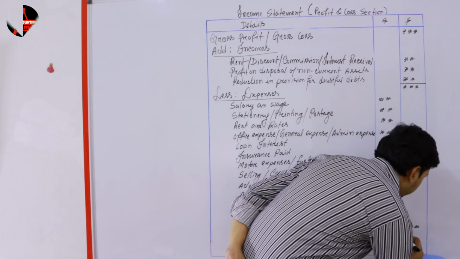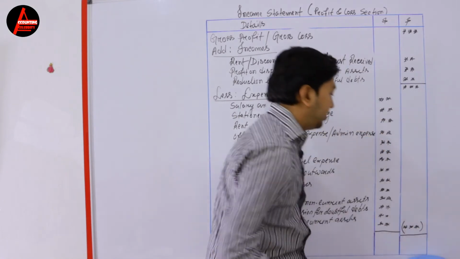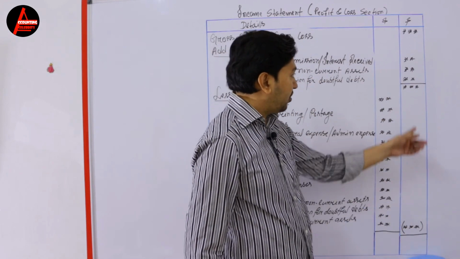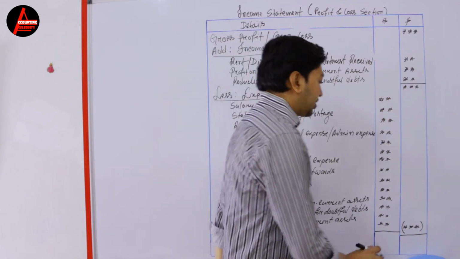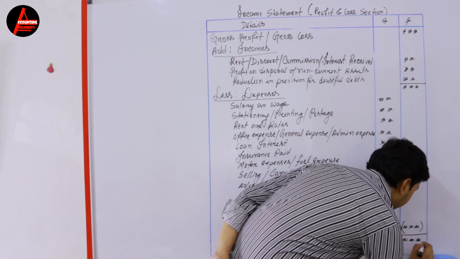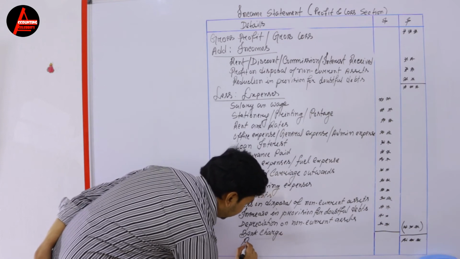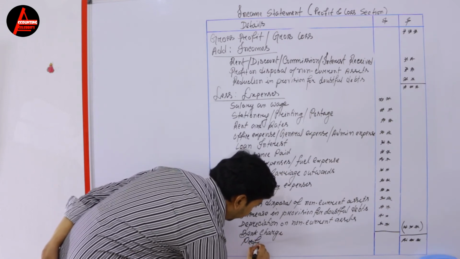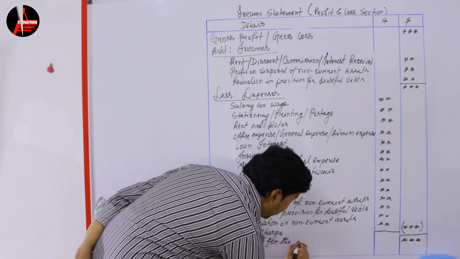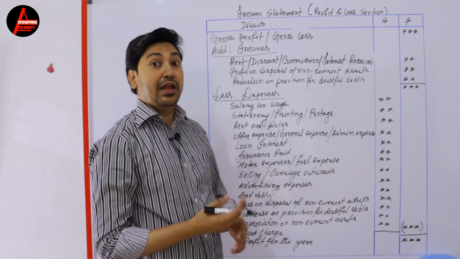Okay, now you will subtract it. To subtract you will put the bracket, meaning subtraction. So you subtract this value from this value. Whatever comes, this is your profit for the year.